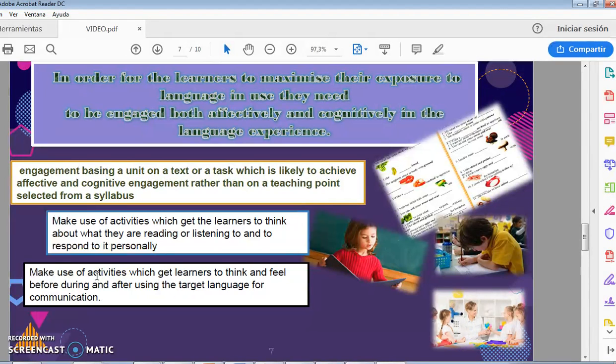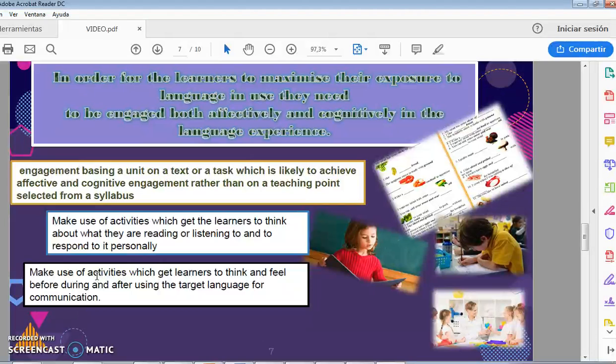Another way is to set tasks for the learners to complete which have non-linguistic outcomes which can only be achieved through thinking about the tasks and developing strategies for their completion. We may use activities which help the learners to think about what they are reading or listening to and respond to it personally.